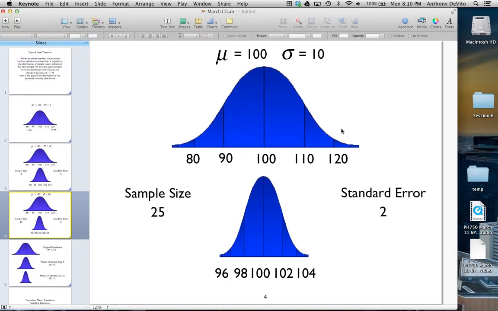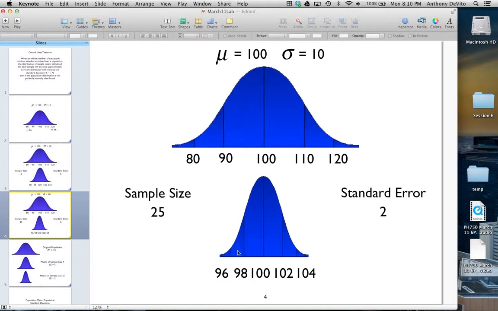If we look at the standard deviation, it's still 10. The sample size is 25. So the standard error, or standard deviation of the sample means, is going to be 10 divided by the square root of 25, or 5. 10 over 5 is equal to 2.